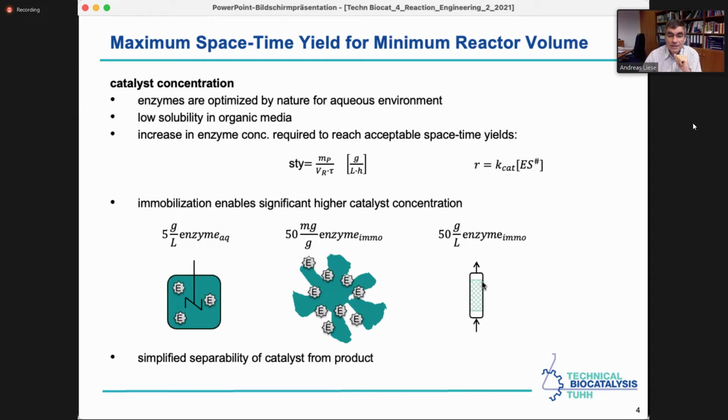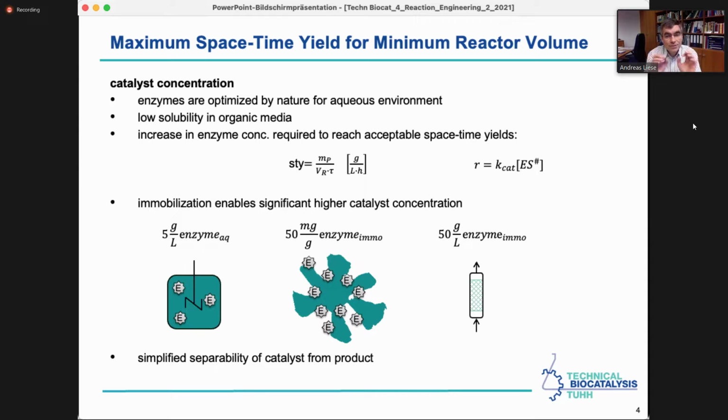If we now calculate the enzyme load per liter of reaction volume, and the reaction volume is the liquid between the particles without the volume of the particles, because that's the liquid volume where our starting materials and our product are transported and formed, we would come up to 50 grams per liter of immobilized enzyme. So you see, we have a significant difference between homogeneously soluble enzyme and immobilized enzyme.